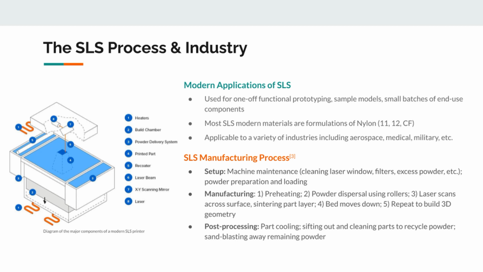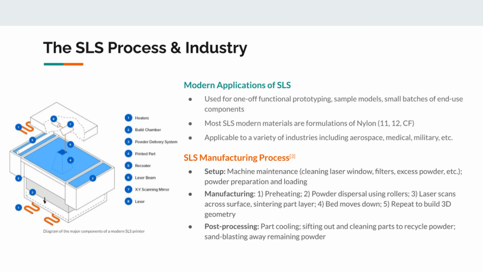Some of the modern applications of SLS are that they can be used in one-off functional prototyping. They can be used as sample models and can be used in small batches of end-use components, as well as sometimes for higher complexity geometry.